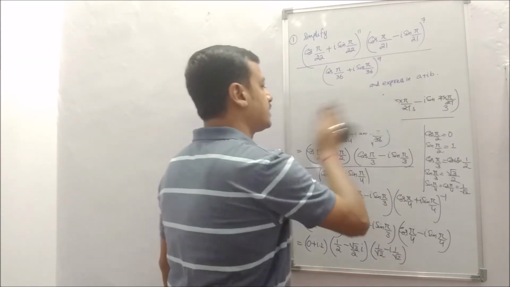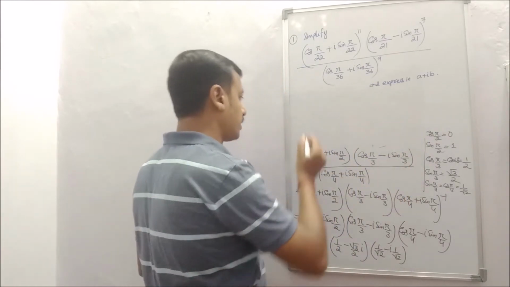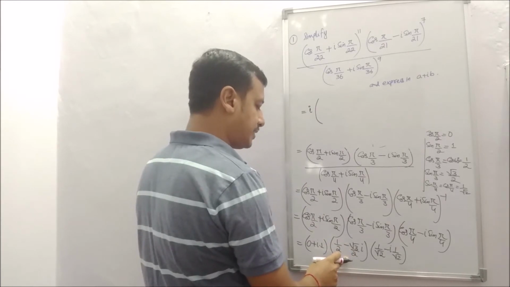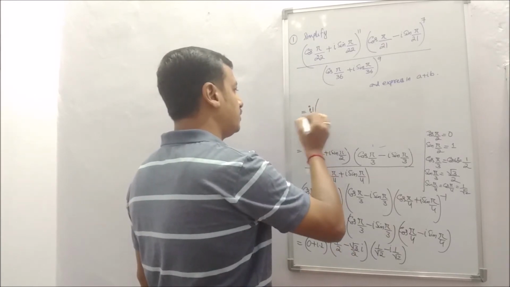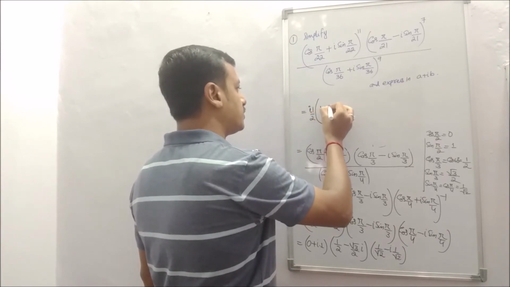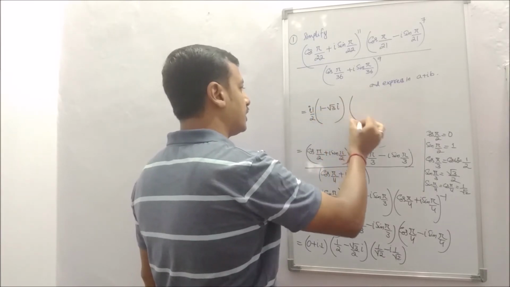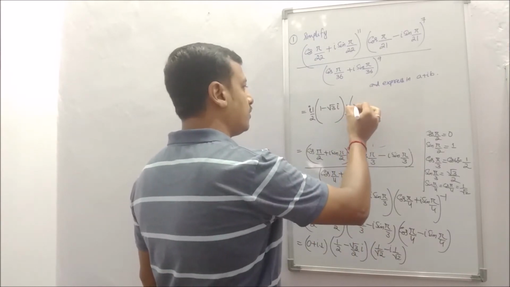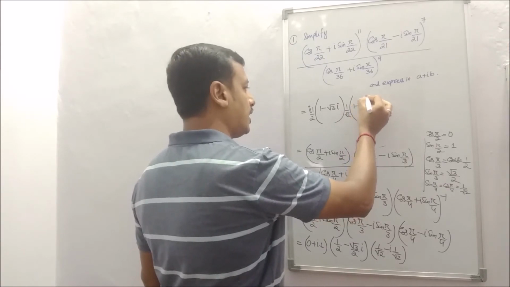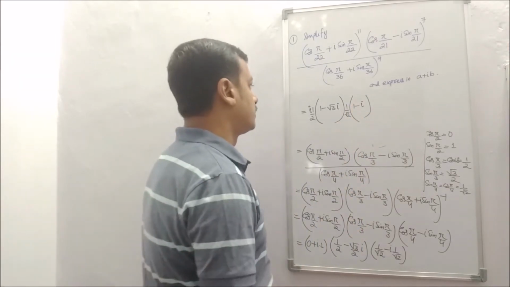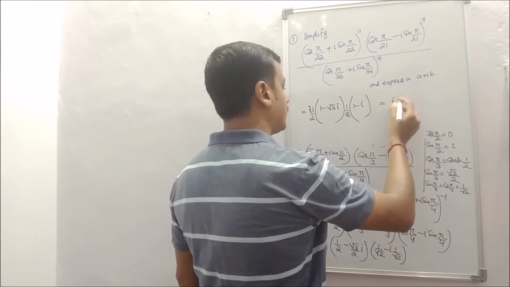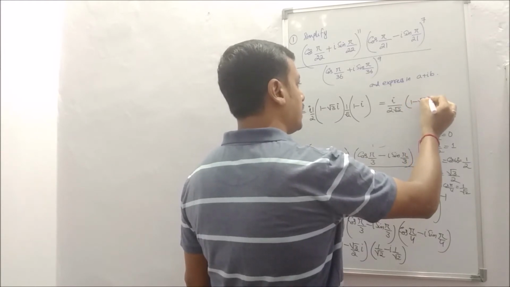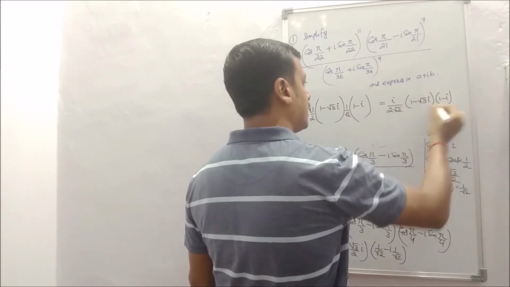Now next, this is the first term. If we take 2 as the LCM and take it common, it is (1/2)(1 − i√3). Next, 1/√2 as LCM and taking it common, (1 − i). So it is i/(2√2) times (1 − i√3)(1 − i).